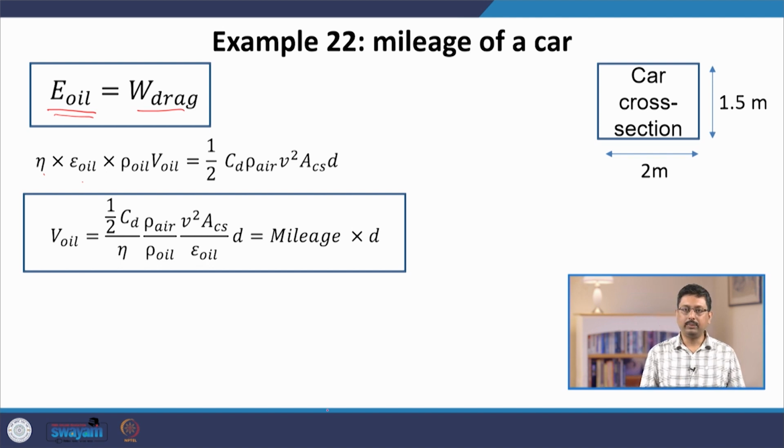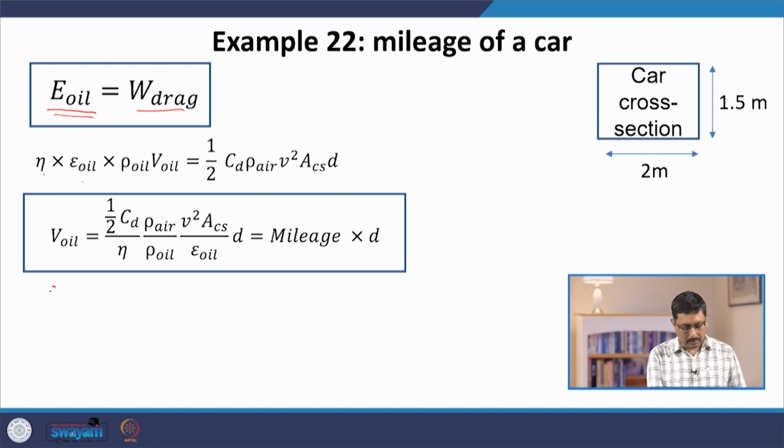Now, let us put in some numbers. I have arranged this expression by grouping the similar terms together. First, there are the constants: one is the drag coefficient and the second is the engine efficiency.